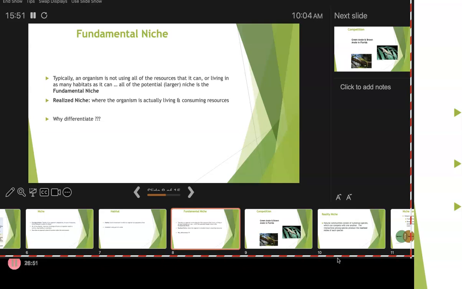You can't live at the bottom of the sea, I suppose, without a lot of modifications. Very special dome and so on. We won't go there. Just think like Sandy Squirrel from SpongeBob or something. But at any rate, fundamental niche is anywhere that you could live.